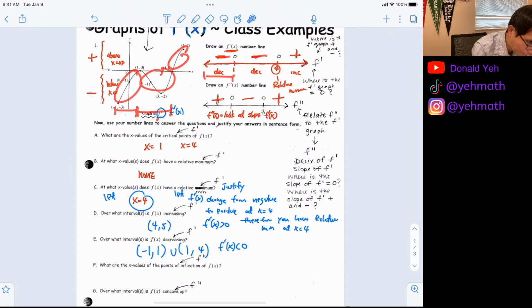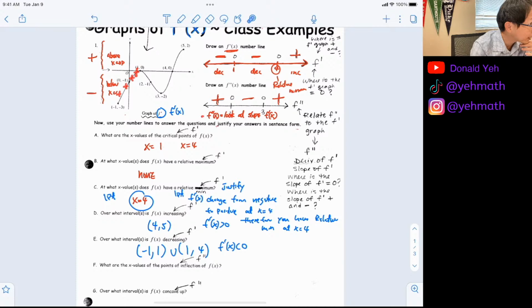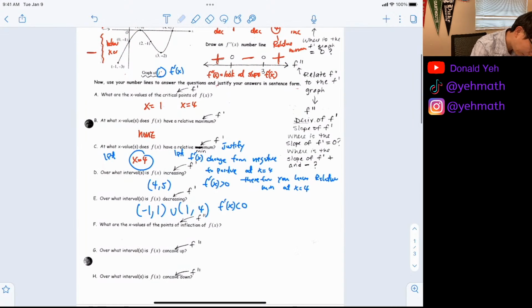Above is positive. And for this one, from anything to 1, it's positive. How is it positive? We're looking at the slope this time. Now look at the value, the output. You look at increasing or decreasing. So it's positive. Negative up to 3, then positive after that. Thank you.